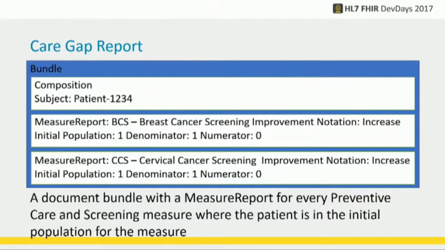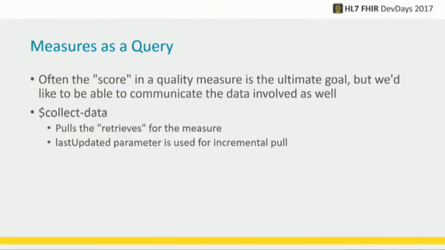So another approach we're looking at is measures as a query. A population measure, a quality measure, is really just kind of a report. It's structured down into very specific results for scores, so you can compare scores. But what we're actually doing to get to that score is collecting a lot of data and looking at a lot of interesting things.